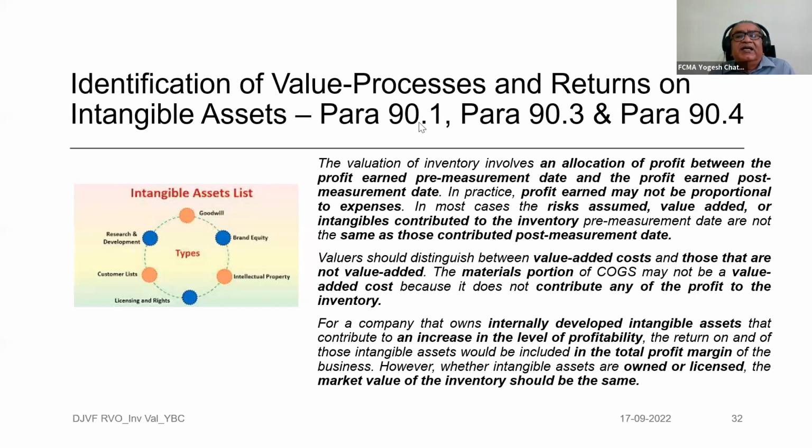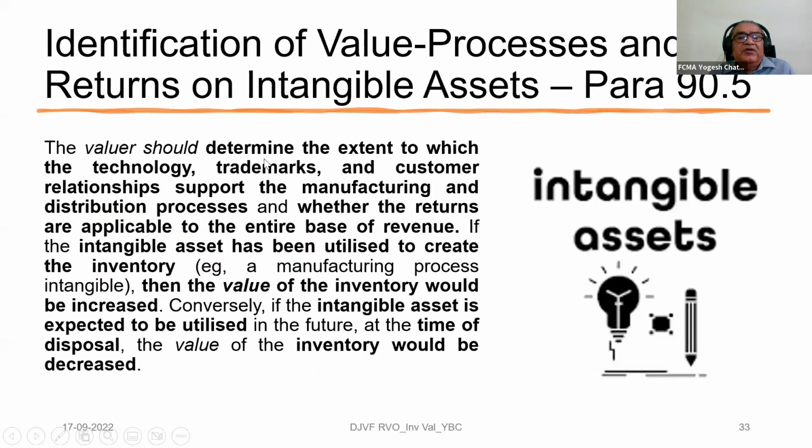And this is returns on intangible. The valuer should determine the extent to which technology or trademarks and customer relationships support the manufacturing and distribution processes, and whether the returns are applicable to the entire base of revenue.